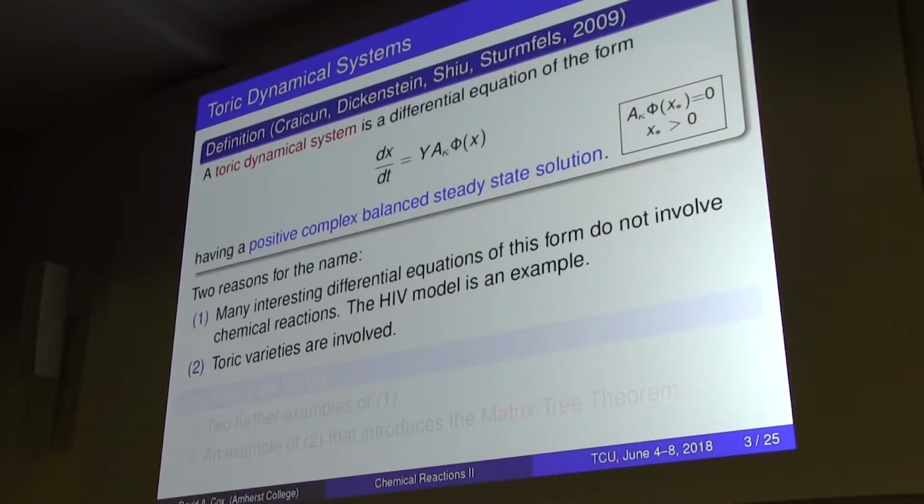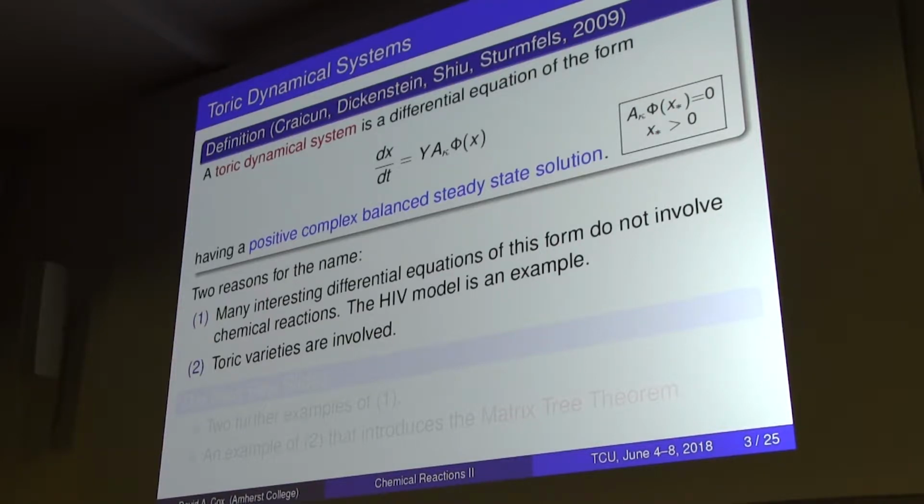So remember that what we have, and this again is from a paper of this name by Craken, Alicia, Ann, and Barrett in 2009. And so here's our system that we have. Basically this is a toric dynamical system when it has a positive steady state solution, that means a steady state solution with all positive entries.